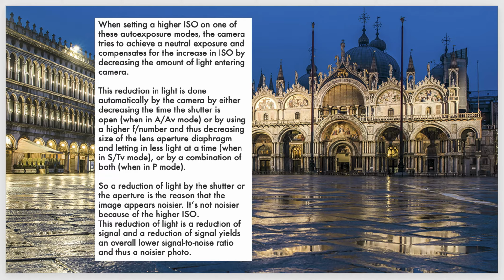So a reduction of light by the shutter or the aperture gets you the noise. So it's not noisier because of the higher ISO, it's noisier because of the camera attempting to compensate by reducing the light. Therefore, the signal yields an overall lower noise to light signal ratio and creates the noise. Yeah, that's complicated.